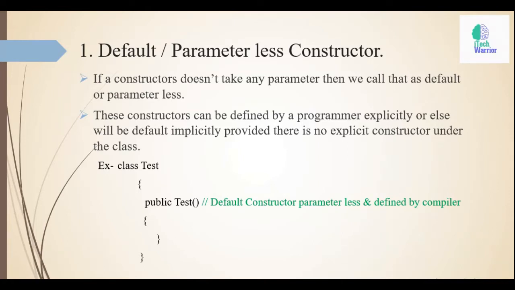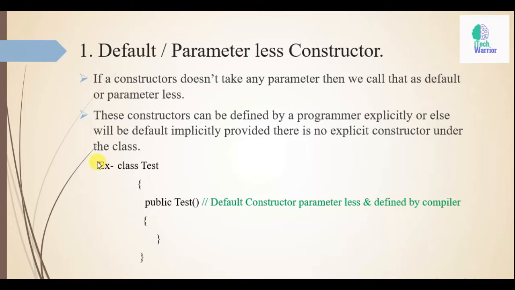Now we call that an implicit constructor or default constructor, and the default constructor is always parameter-less. So this constructor can be defined by the programmer explicitly, or else it will be default implicit, provided there is no explicit constructor under the class.